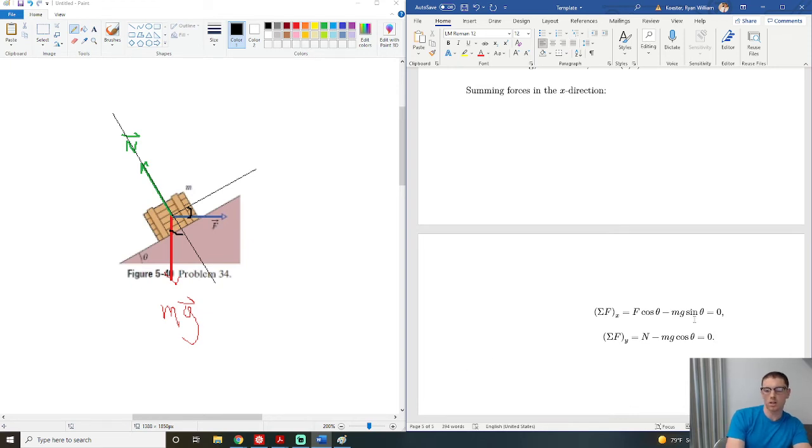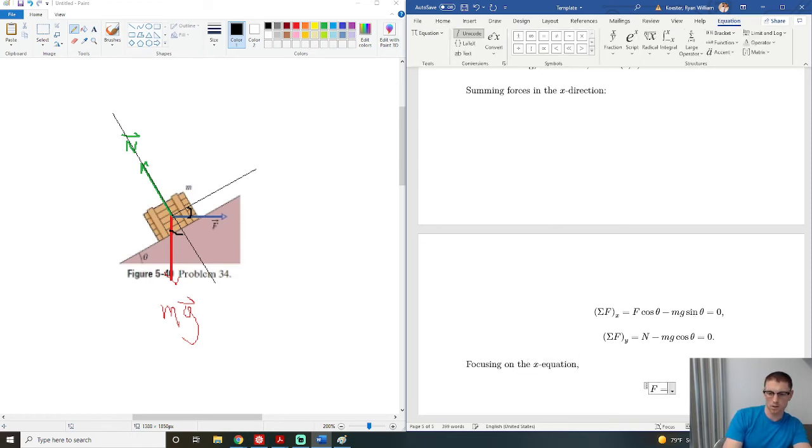Focusing on the x equation, what we find after doing the algebra is that F equals mg sine theta over cosine theta, which is just mg tan theta, because sine over cosine is tangent. And that's it. Does this make sense?